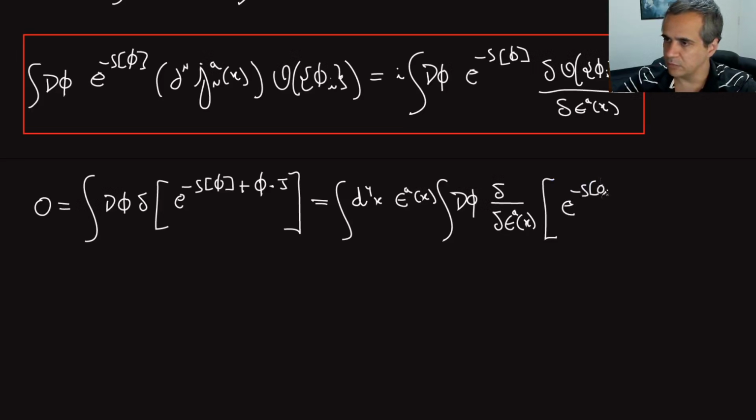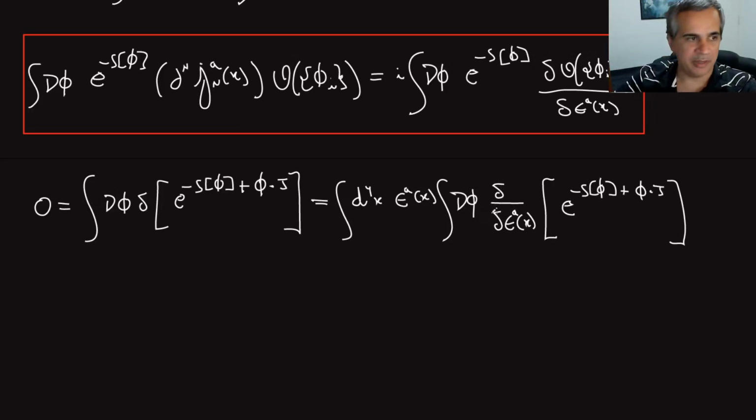S[φ] plus φ J, right? Again, I could use that the variation in terms of epsilon of the action will give me this conserved current, right? Not conserved current, I mean this Noether current. But I don't want to do that.